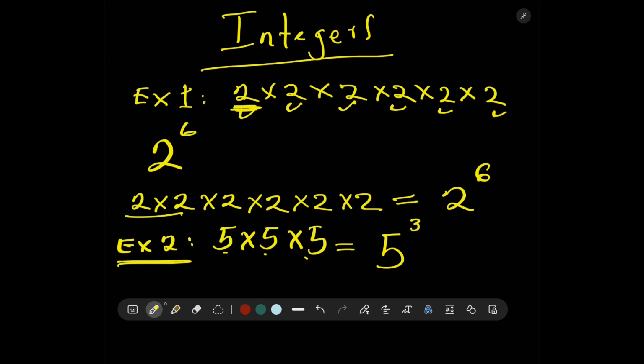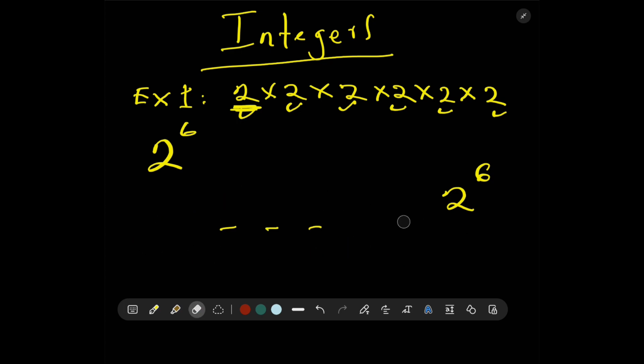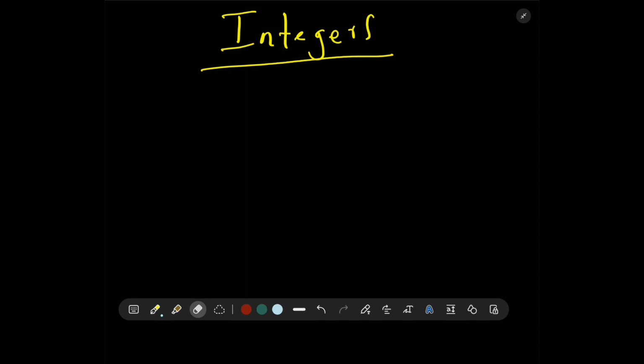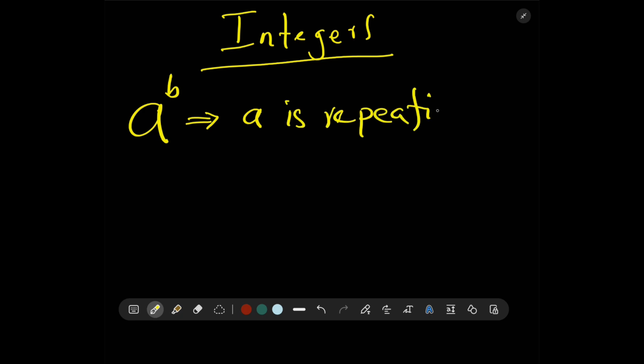Do we understand? Okay. So what does this mean? It means that when you have a number like this, say I have A^B, it means that A is repeating itself B number of times.